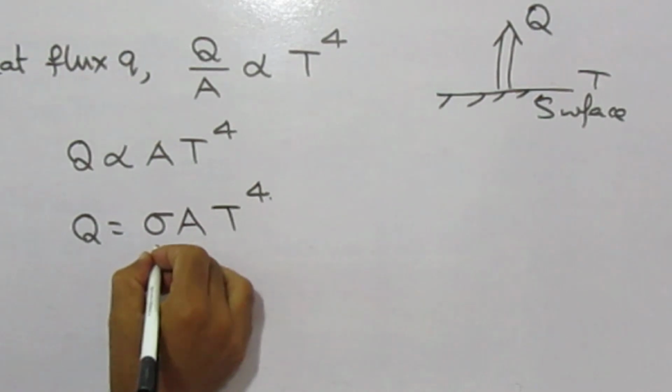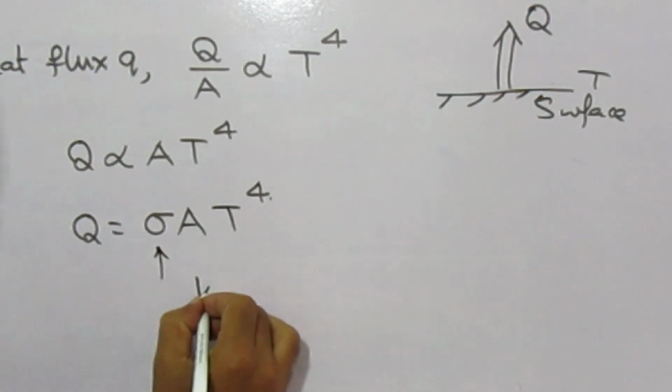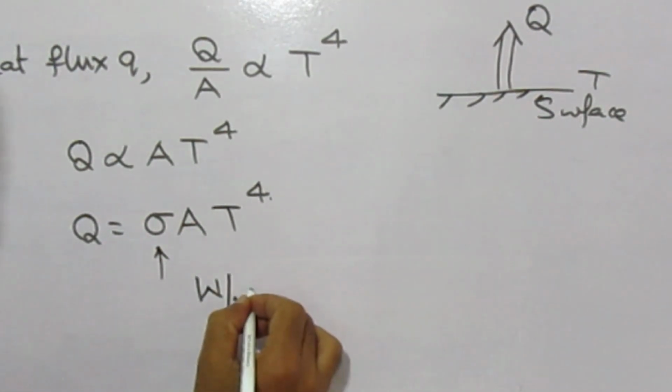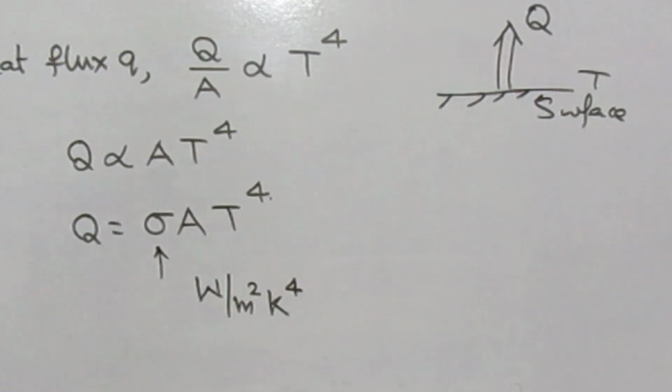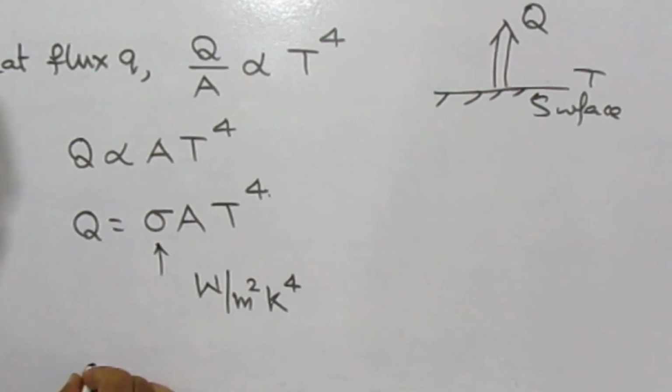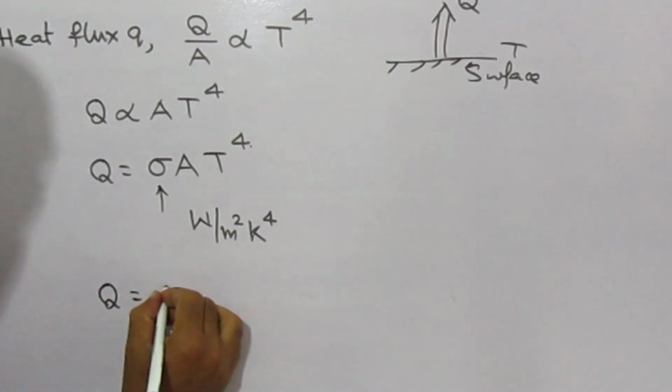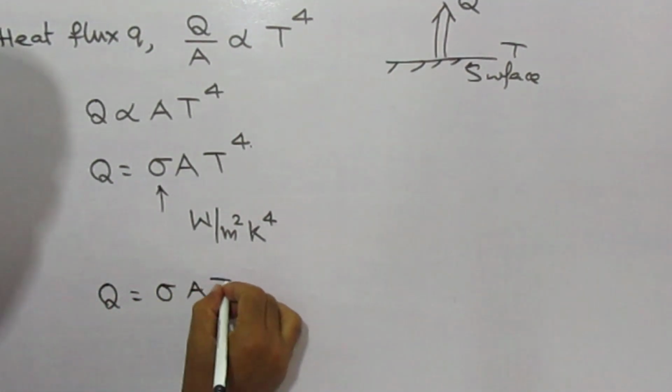The unit of sigma is watt per meter square Kelvin power 4. So heat transfer by radiation is sigma A T power 4.